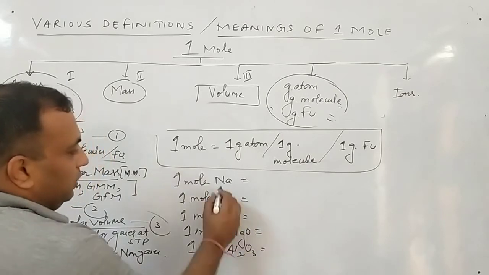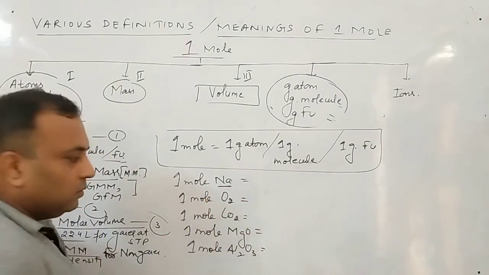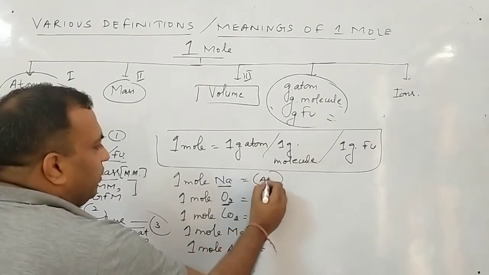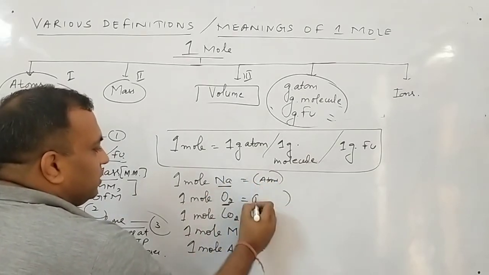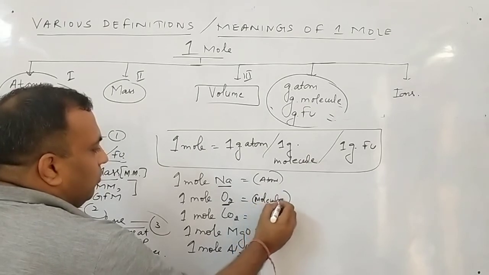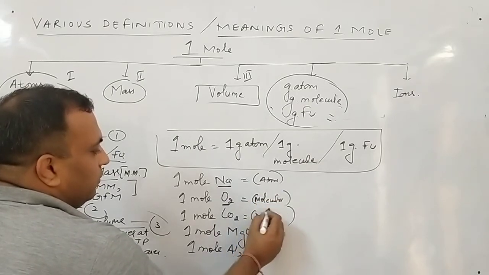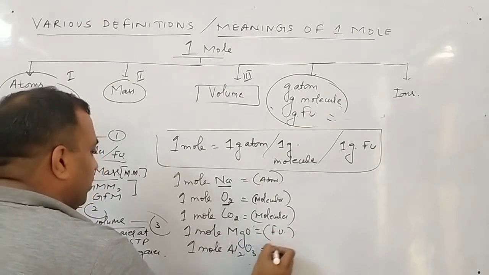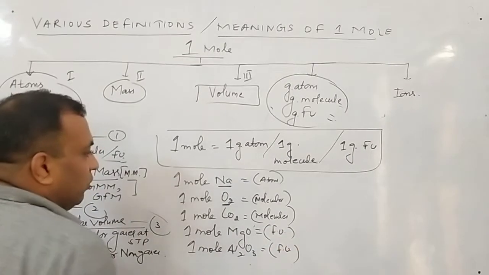Now see, this sodium is made up of atoms, oxygen is made up of molecules. I write: this is made up of atoms, this is molecule, this is again molecule. These two are ionic compounds, made up of formula units. Now how can I define?